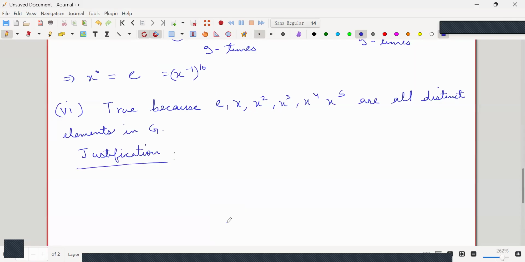Since x raised to k is not equal to identity for any k less than 6, it is given.